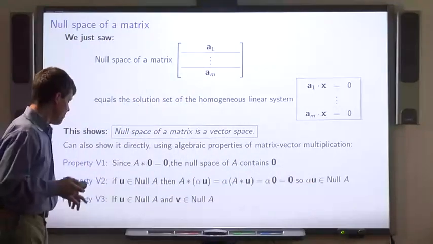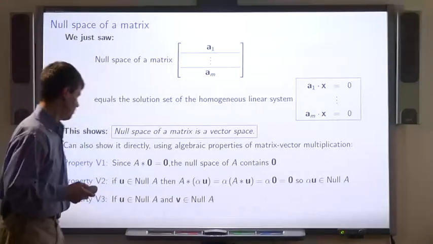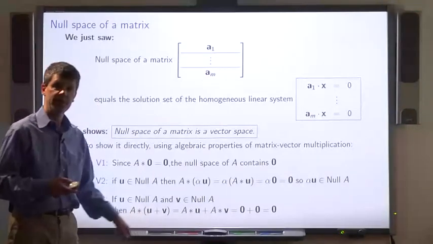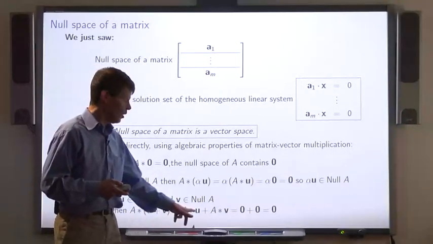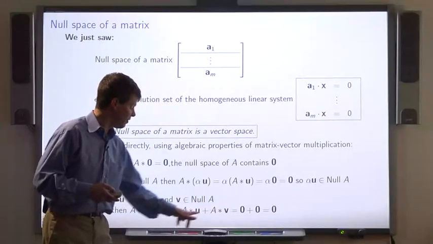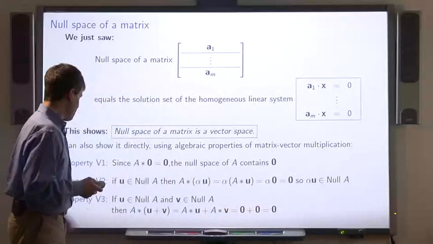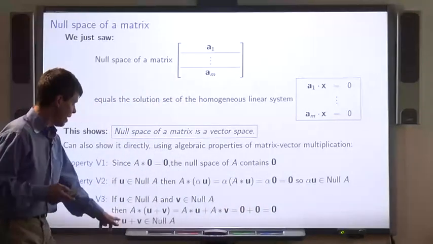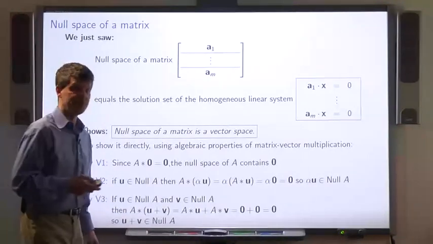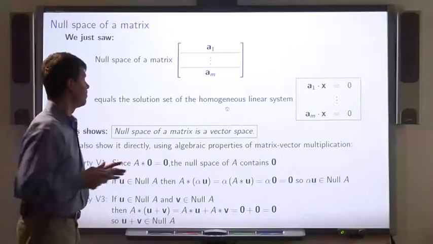Finally, for property V3, if U is in the null space and V is in the null space, then A times the sum of U and V can be split up as A times U plus A times V. Since each of U and V are in the null space, each of these is a zero vector, so their sum is also a zero vector. That proves V3, that the sum of U and V is in the null space of A. So this shows that the null space of A is a vector space.